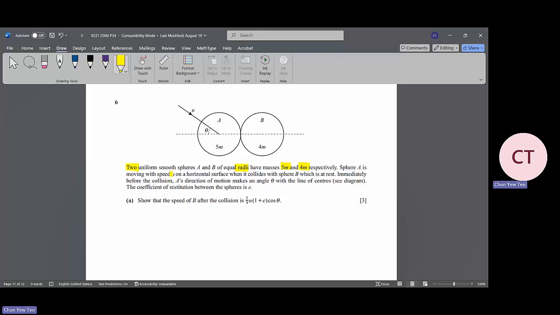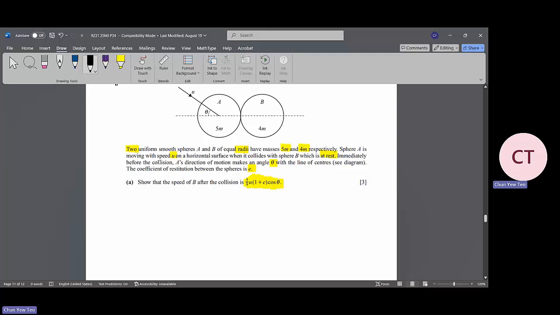Sphere A is moving with speed u on the horizontal surface when it collides with sphere B, which is at rest. Immediately before the collision, A's direction of motion makes an angle theta with the line of centers, and the coefficient of restitution between the spheres is E. They want us to show that the speed of B after the collision is 5/9 u, multiplied by 1 plus E, multiplied by cos theta. So how to show it?